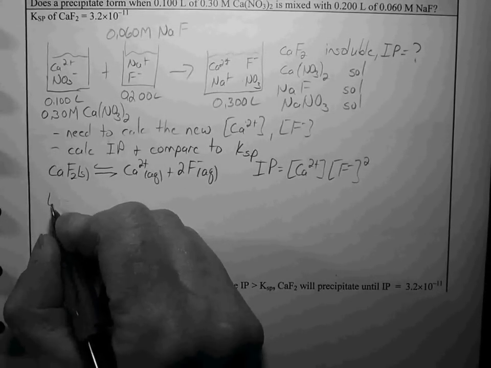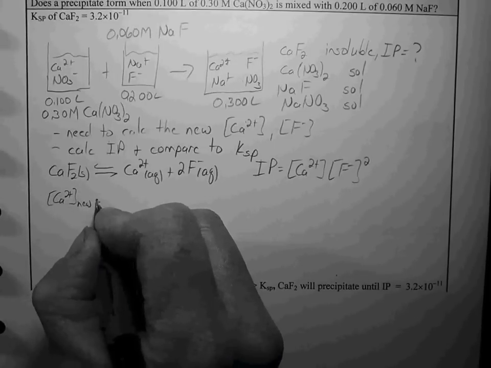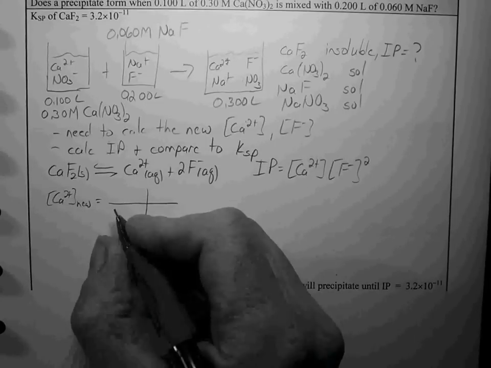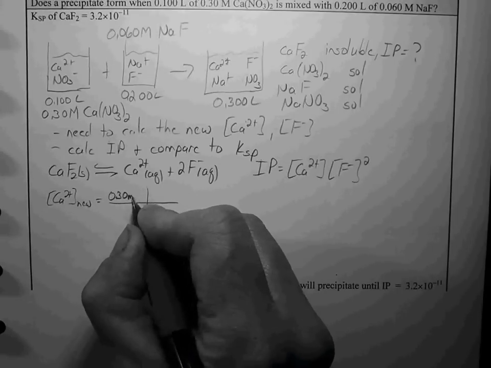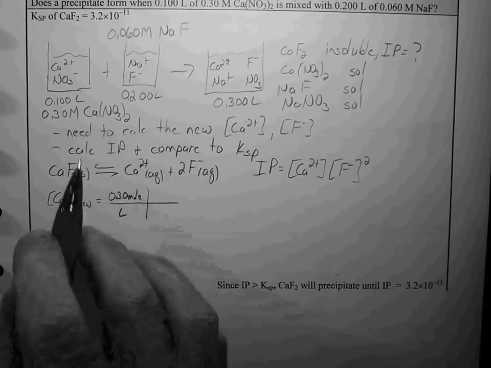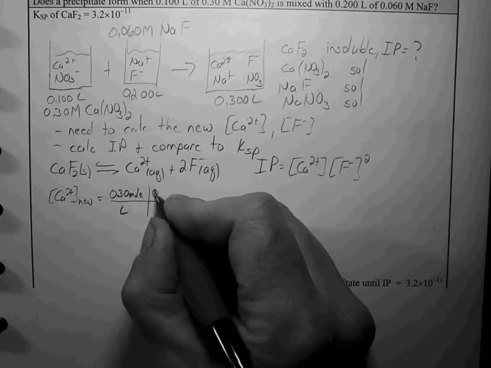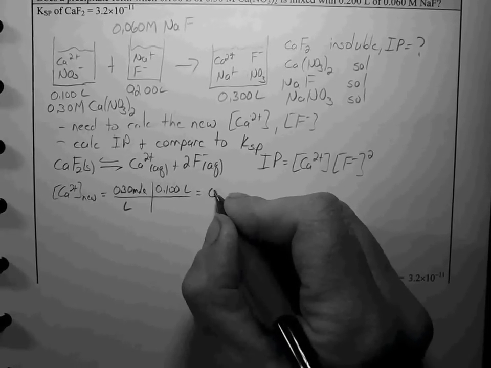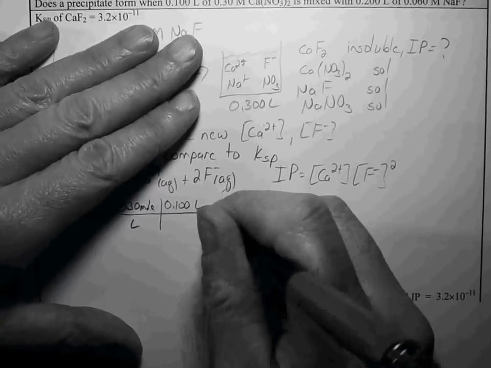So for calcium 2+, new, we need to find the moles in the initial solution. So we have 0.30 moles per liter of calcium 2+ in this solution, and we have 0.1 liters, so we can calculate our new concentration.